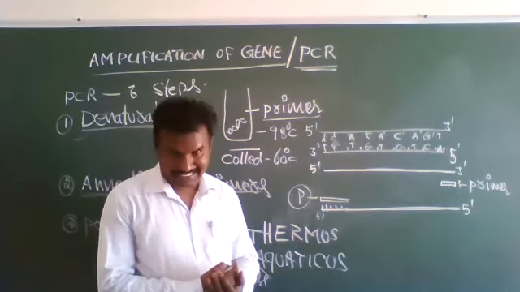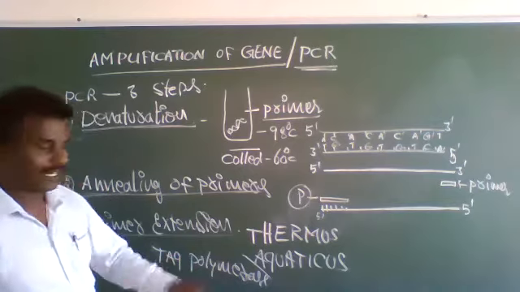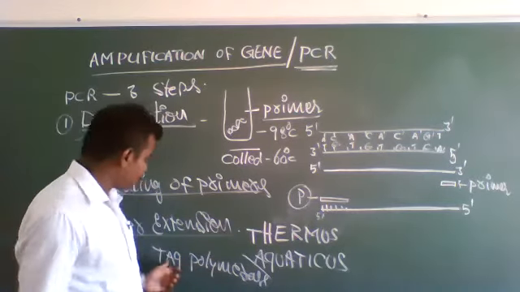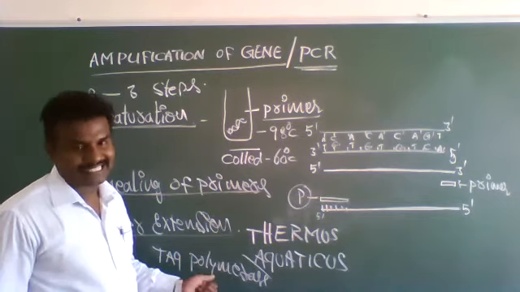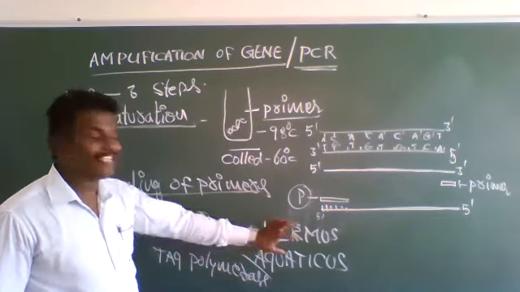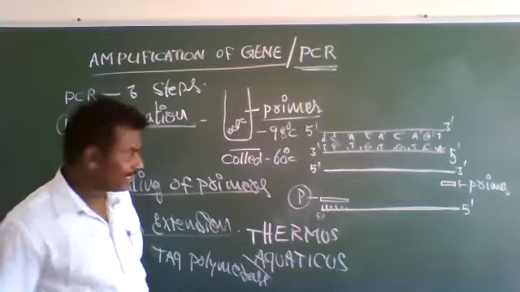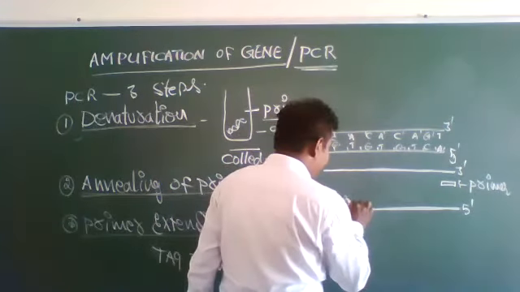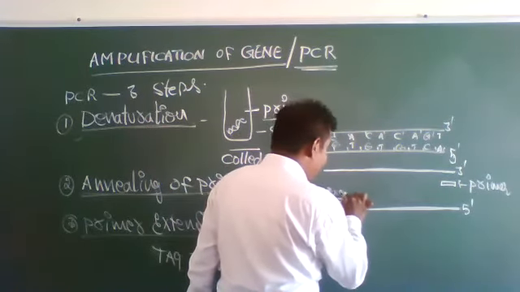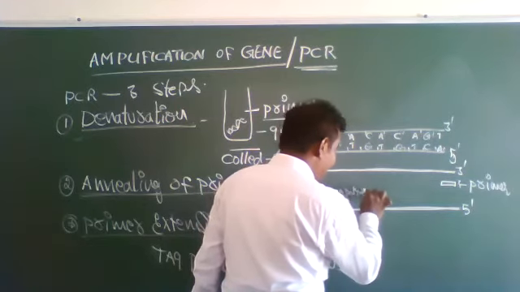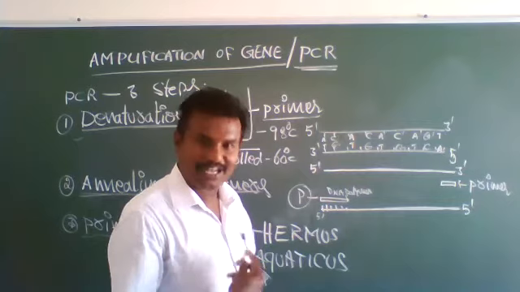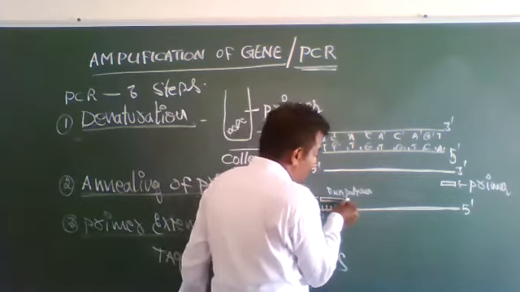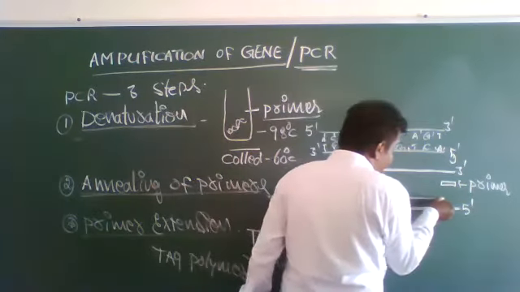Thermus aquaticus. So Taq polymerase. This Taq polymerase is Thermus aquaticus polymerase. This is also called DNA polymerase, an enzyme isolated from the Thermus aquaticus and added here. DNA polymerase added. Then this DNA polymerase continues its primer extension according to the complementary rule.